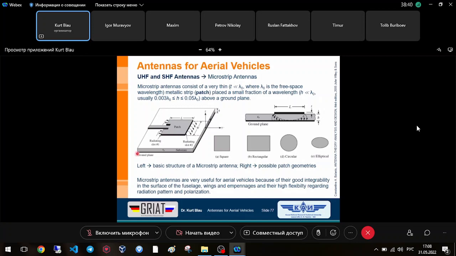You can see we have here a ground plane, a very thin foil of copper, for instance 35 micrometers in thickness. Then we have a substrate. It must be a material with a very low loss angle, meaning the material must have very, very low losses.